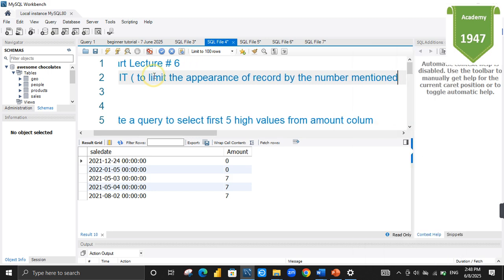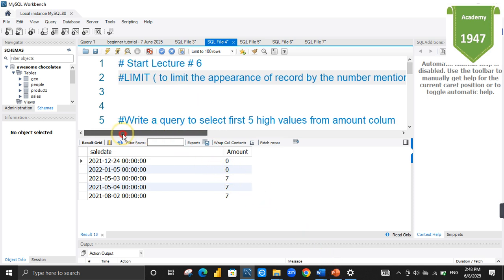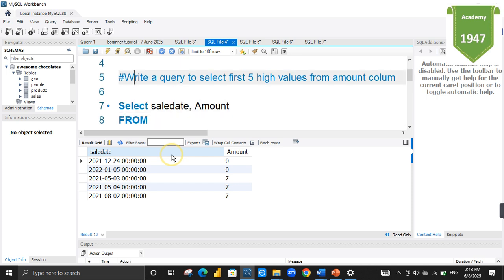We'll just open what we are talking about. There is a practice query: write a query to select the first 5 highest values from the amount column.